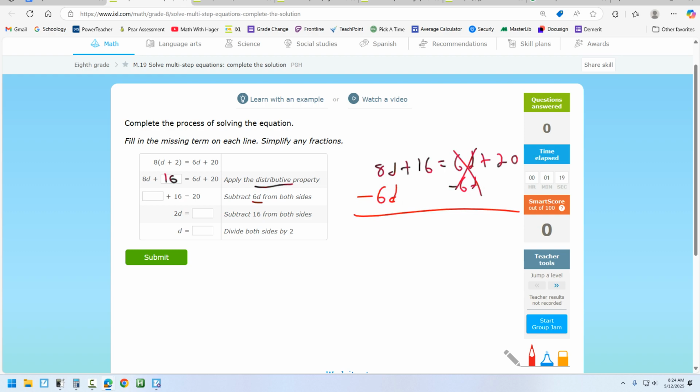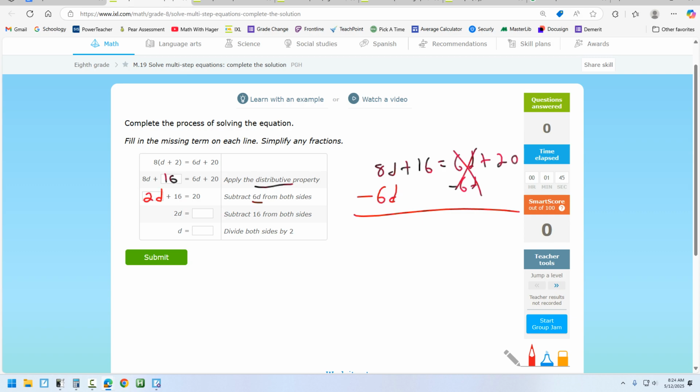What's 8D minus 6D? What's 8 minus 6? 2. With what letter? D. D, yeah. So in that box you would put 2D.